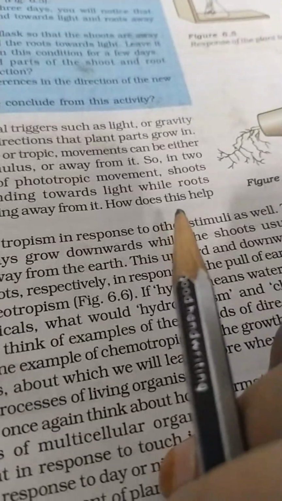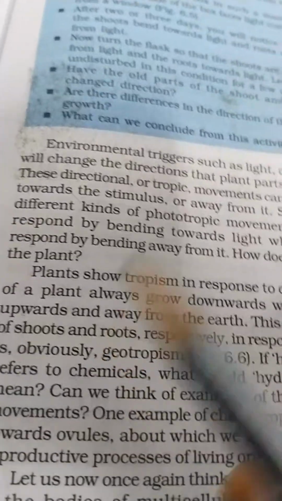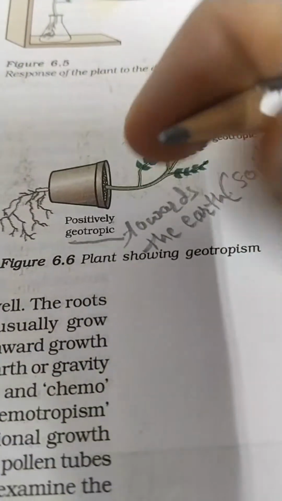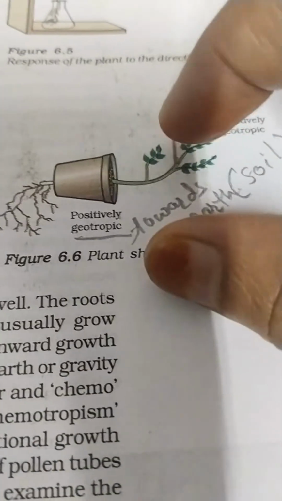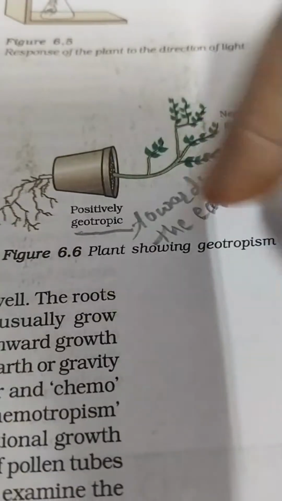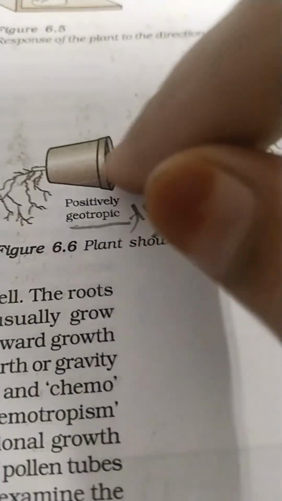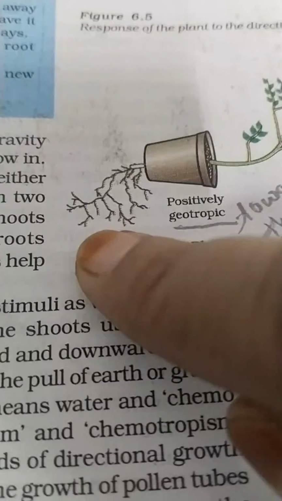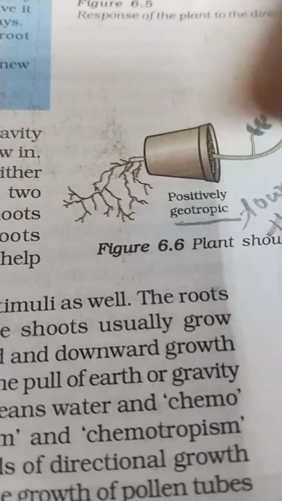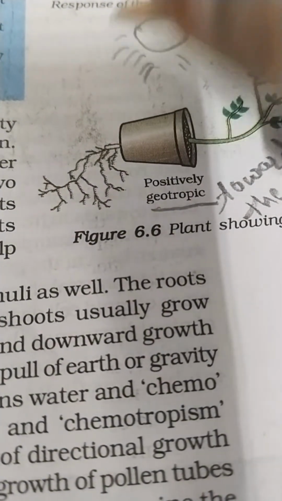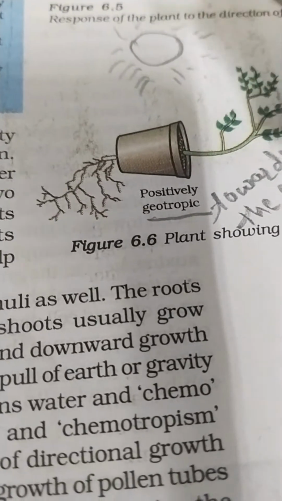How does this help the plant? See, if I keep the pot according to the earth's line, the roots are going away from sunlight. Assume that away from light they are going to move.